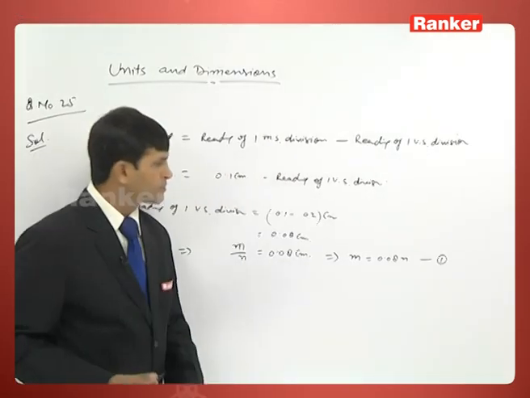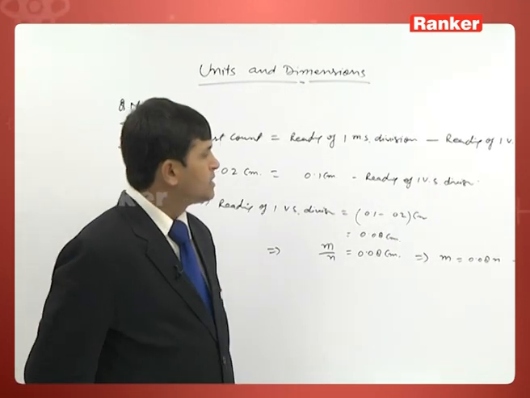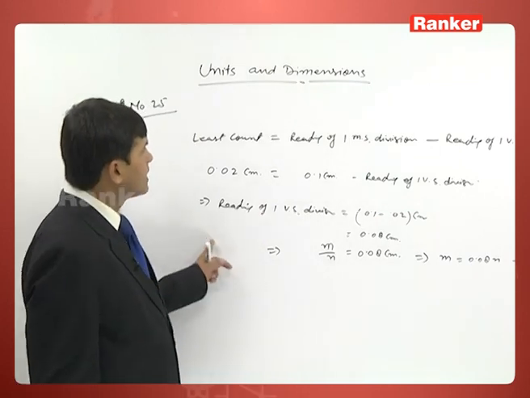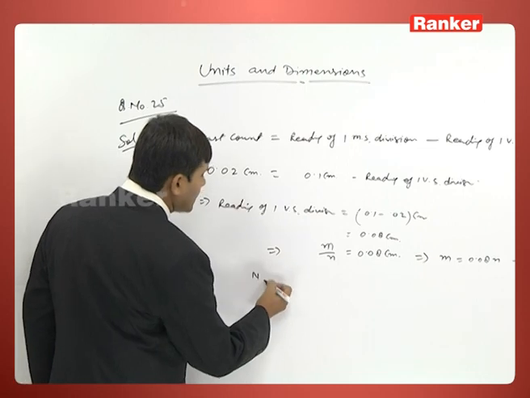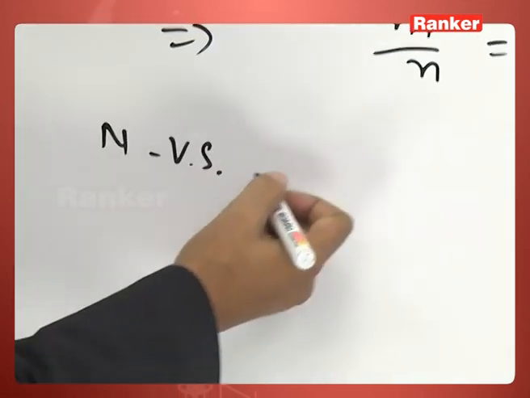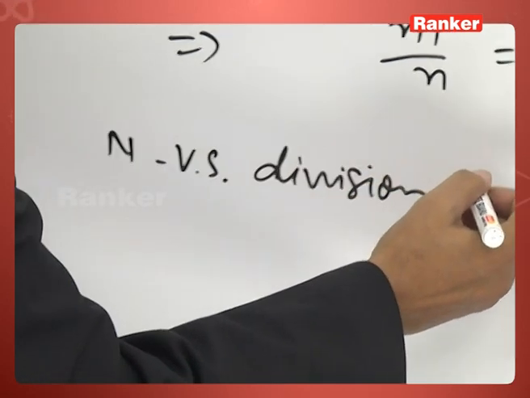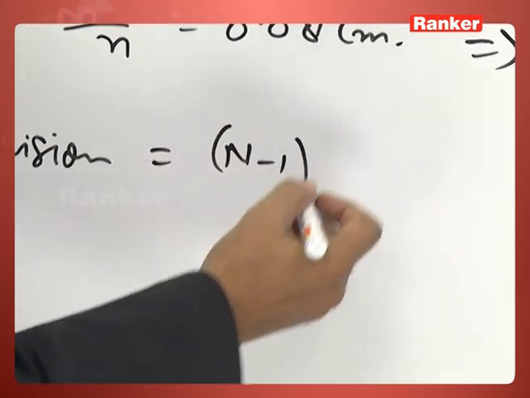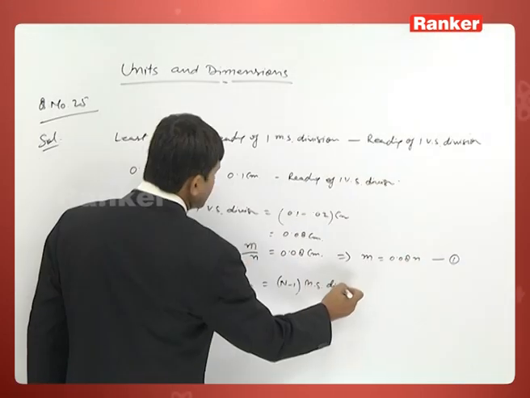This is our first equation, and the second equation we can get from the relation: n vernier scale divisions is equal to n minus 1 main scale divisions.